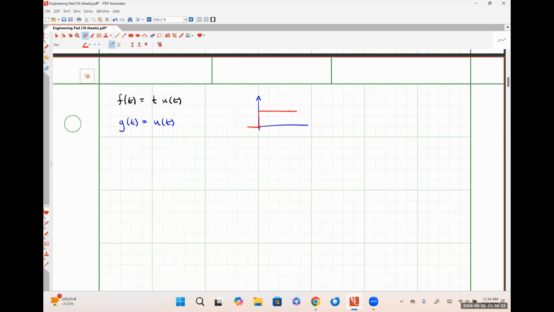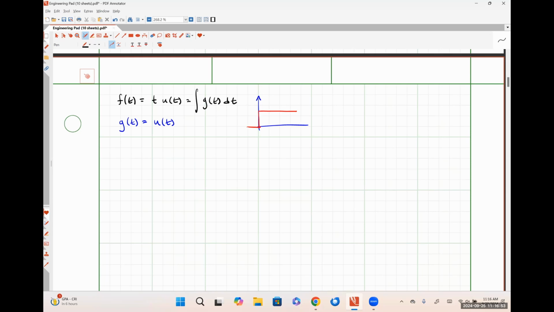So this function is literally just the integral of this function. That means f of t is simply the integral of g of t dt, and wouldn't you know it, we have a time integration property of the Laplace transform as well.